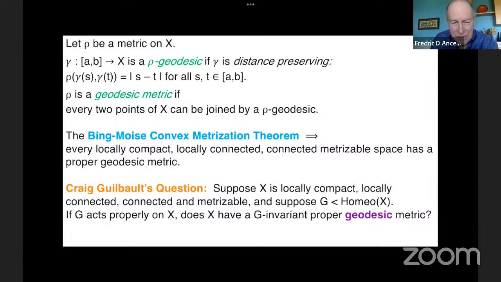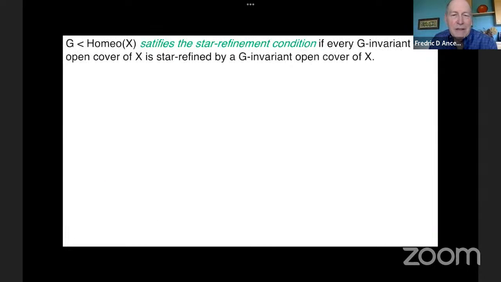Well, in any of those situations, can you find a proper geodesic metric? So you want your metric to have this property that distances are realized by geodesics. And I don't know the answer to that. And that was the inspiration for this work. Okay. And it turns out that what I was able to prove that hadn't been proved before relies on a lemma.